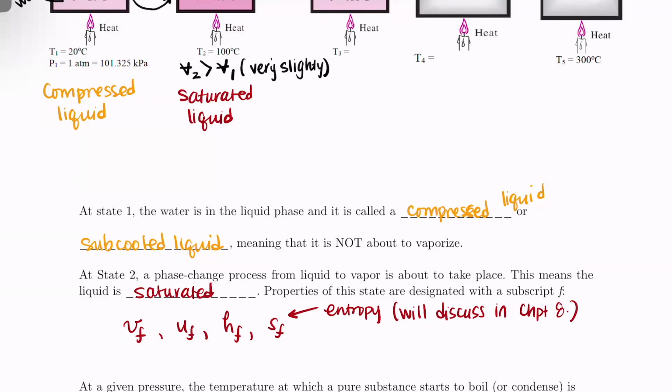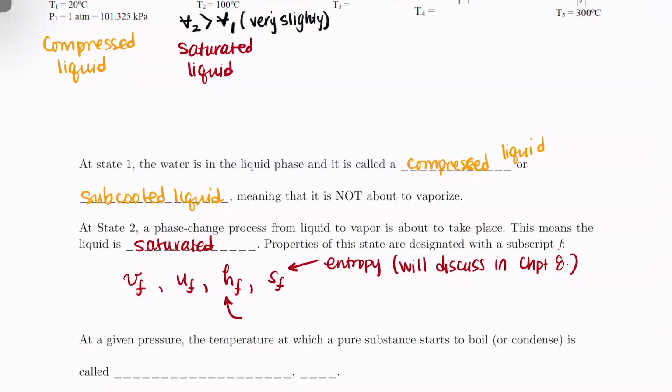And then as a reminder, we talked about this in the last unit, but enthalpy is related to the internal energy plus, oh, sorry, not the subscript F. Sorry. So in general, enthalpy is related to the internal energy plus pressure times specific volume. So that is always true, whether you're at a saturated state or not.